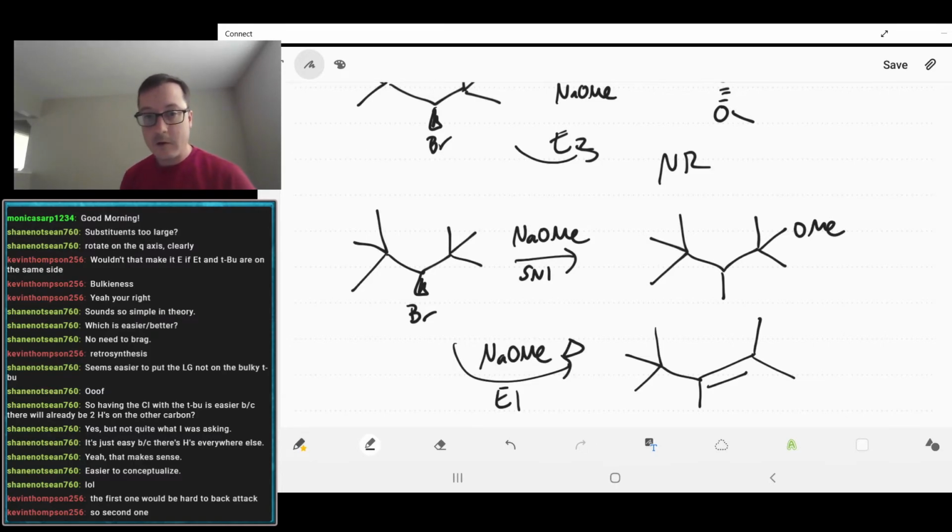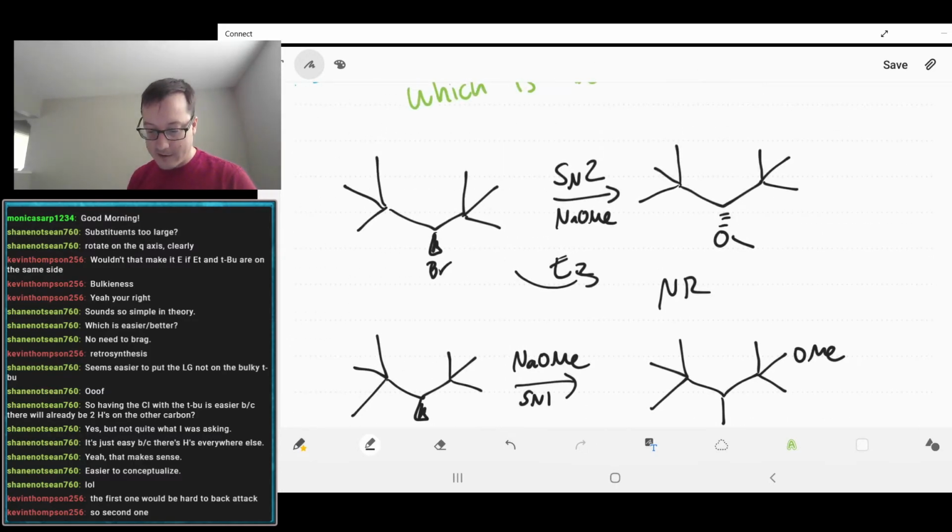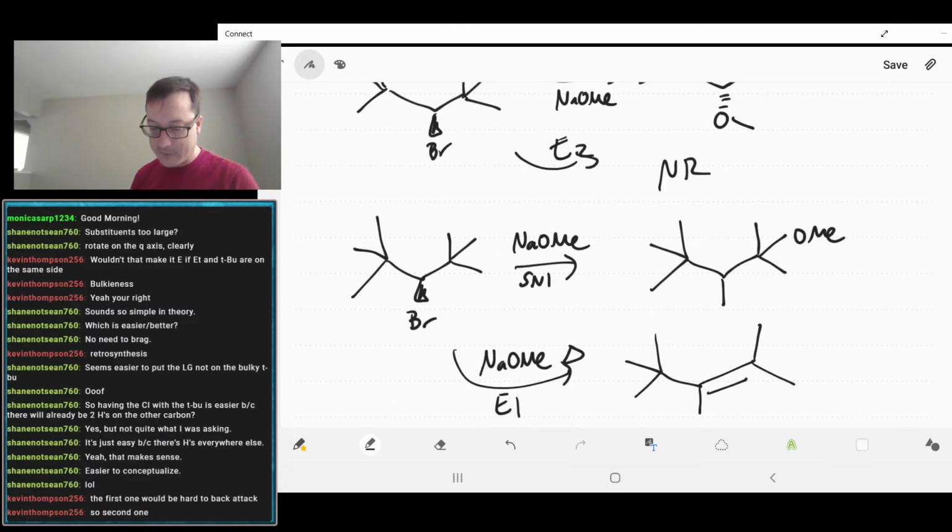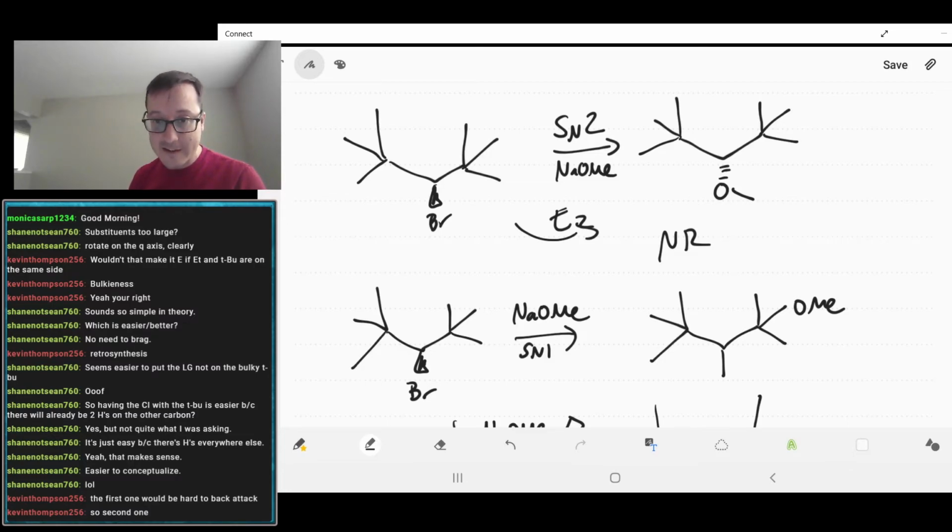So, same substrate, same reactants can give you all these different products. Or no reaction at all. It depends what conditions you set for it. So, lots of things to keep in mind.